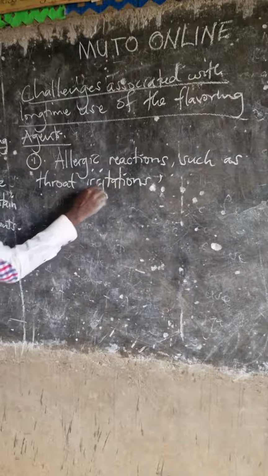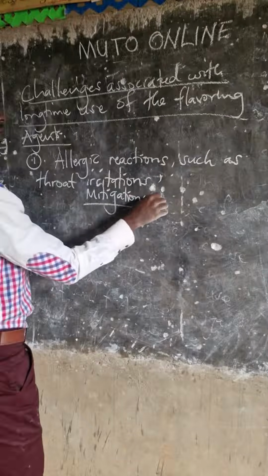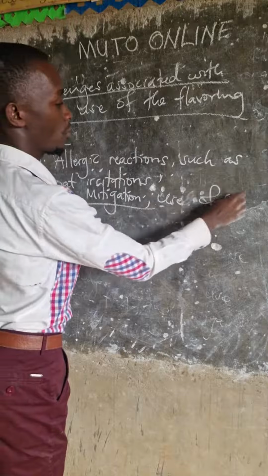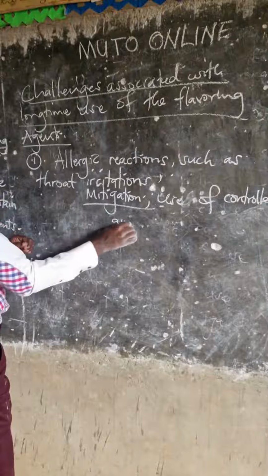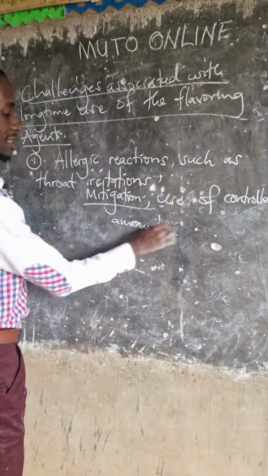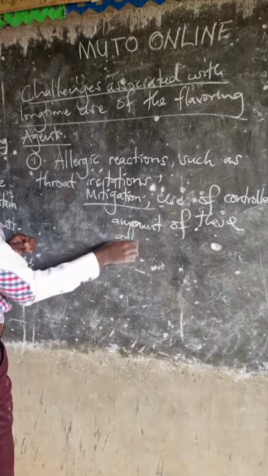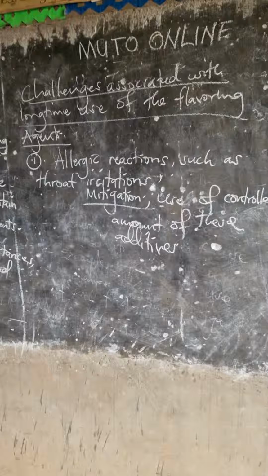Mitigation: use of controlled amounts of these additives. Those are some of the challenges associated with the use of these flavoring agents.